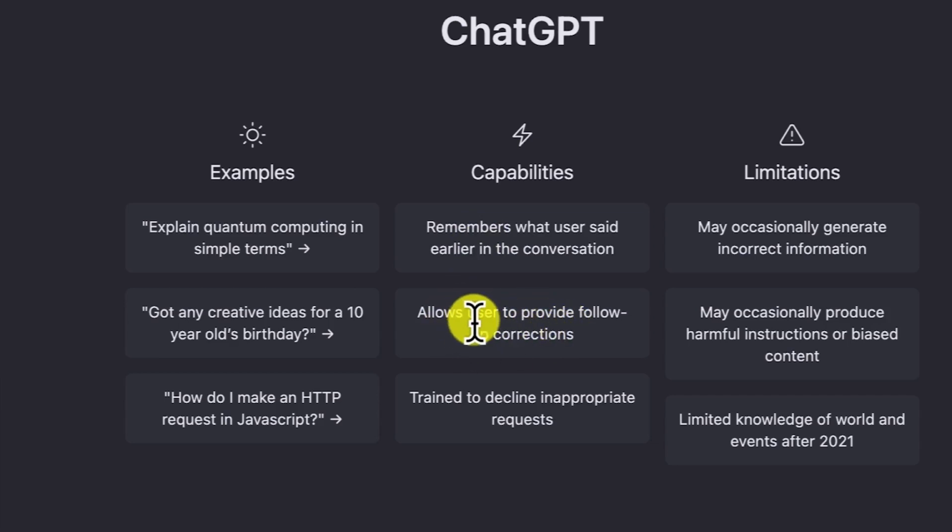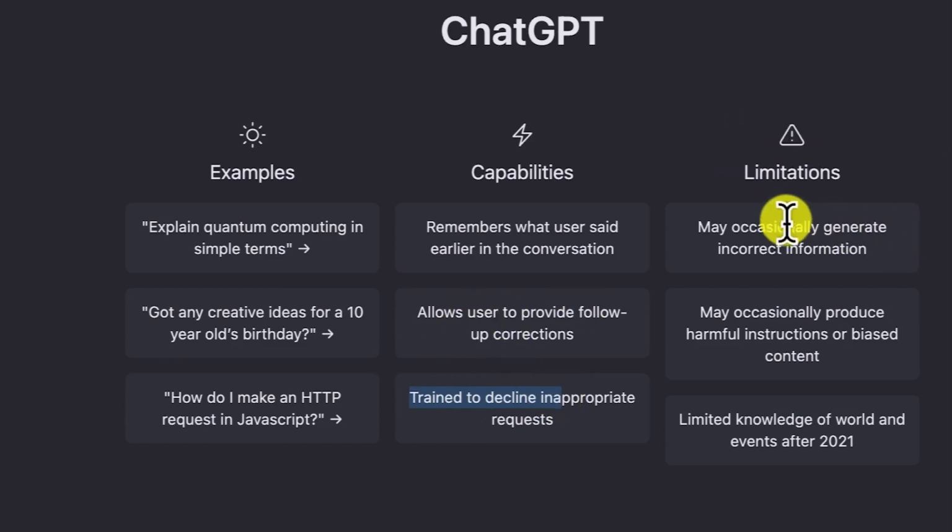So if in a given conversation you want to follow up with corrections, you can do that with ChatGPT and it remembers everything. It allows you to reconnect with previous conversations, and then you can go ahead. And it's trained to decline inappropriate requests. If you make any inappropriate request, this AI tool has been trained to decline it instantly.